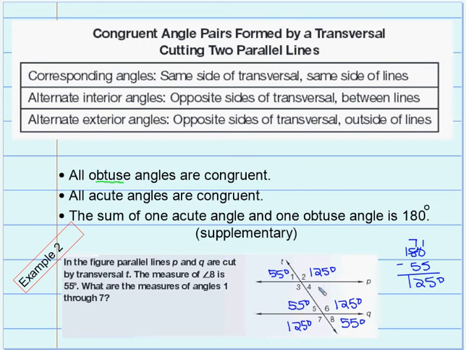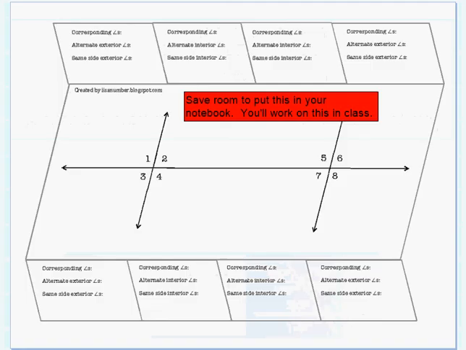We can use our alternate interior angles and go angle 4 and angle 5 have to be congruent, and angle 3 and angle 6. So you can see how quickly you can know all of the angle measures if you know that you have two lines that are parallel and a transversal.